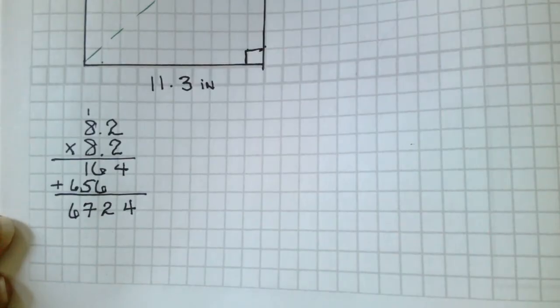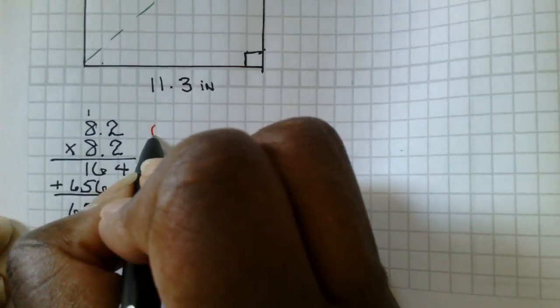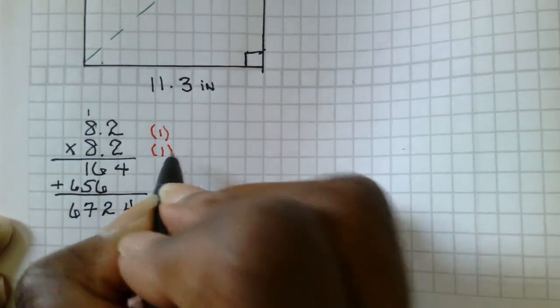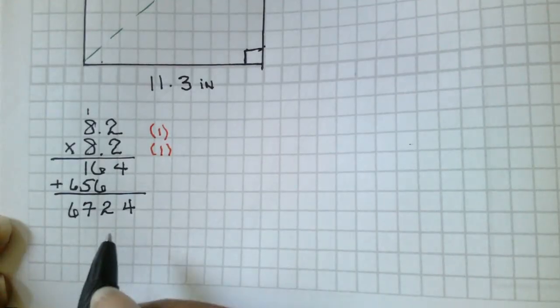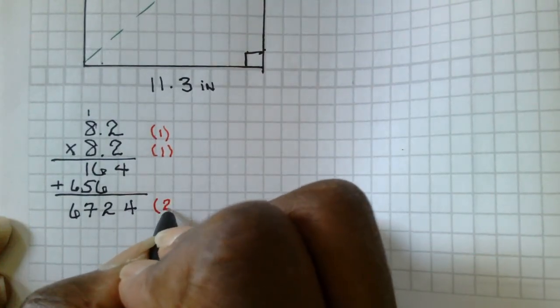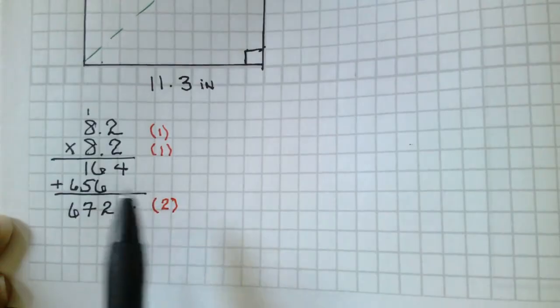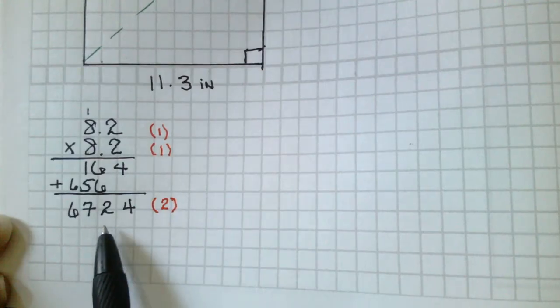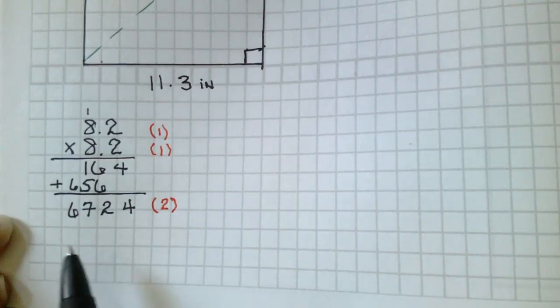So, multiplying with a decimal. That's another thing. This is 1 decimal place. This has also 1 decimal place. How many decimal places you need is going to be 2, because when you're multiplying with decimals, you have to add the places. That's how you figure out what's supposed to be in your answer. Okay?